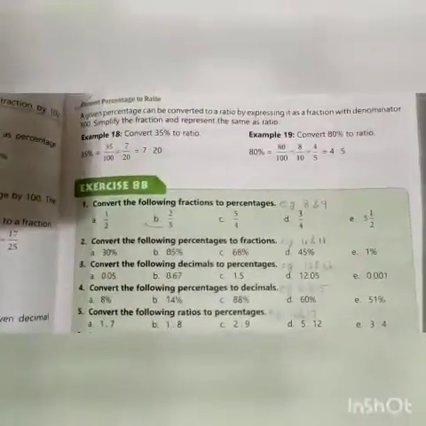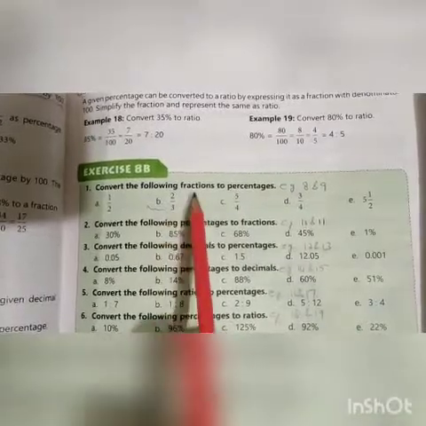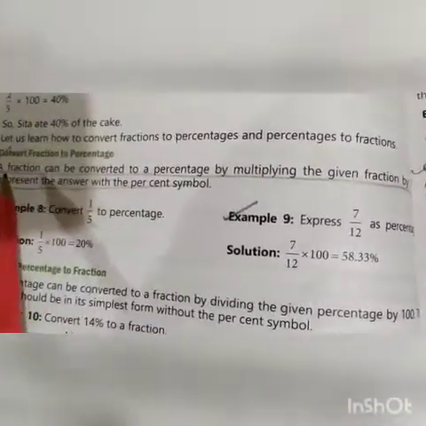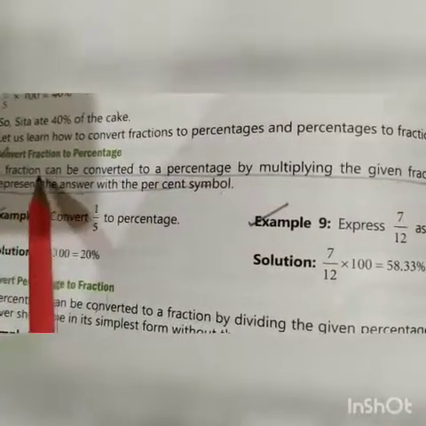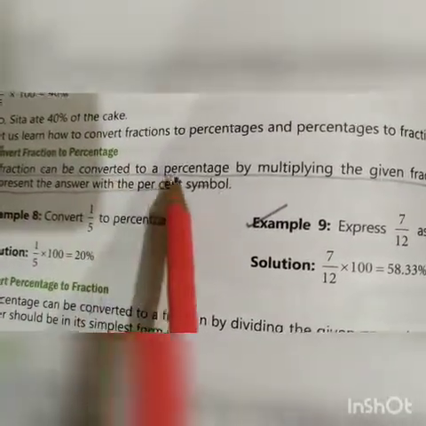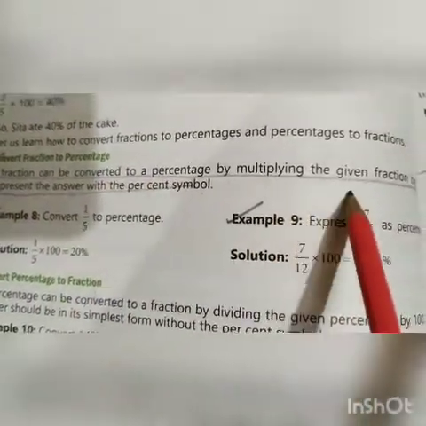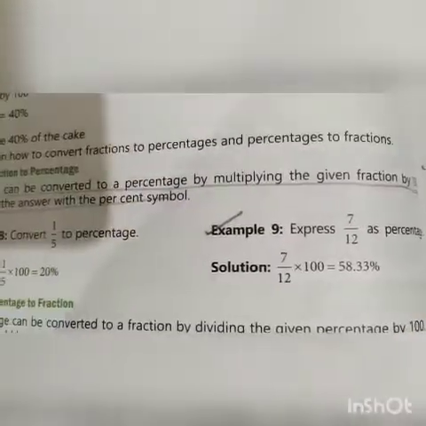Exercise 8b, first question: convert the following fractions to percentages. Here some fractions are given and we have to convert these fractions into percentages. So see here first, how can we convert a fraction to percentage? A fraction can be converted to a percentage by multiplying the given fraction by 100.